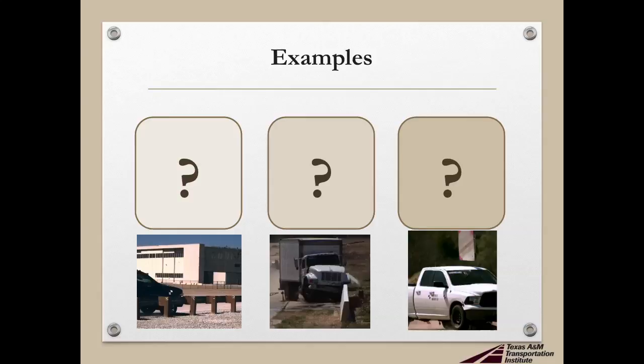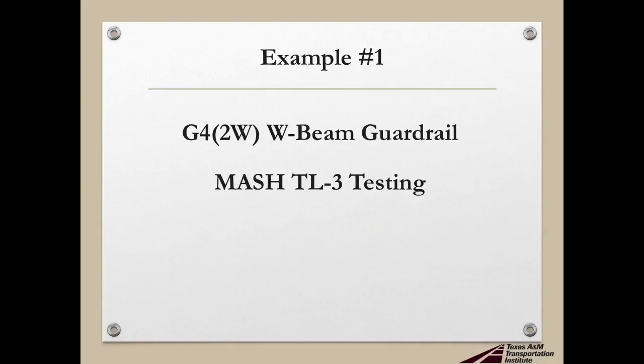The second example will be a test level 4 barrier where we're starting to look at that single unit truck. So this is a little higher containment barrier system that deals with some commercial trucks. And then finally, I was going to talk a little bit about breakaway sign supports, the inclusion of the pickup truck and the relevance of that to some of our breakaway testing, as well as some other evaluation criteria that's related.